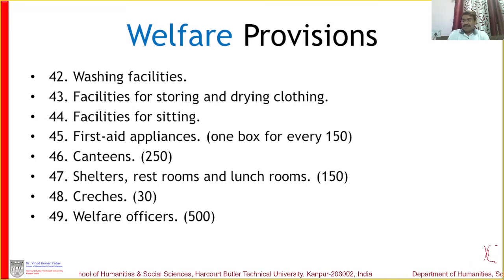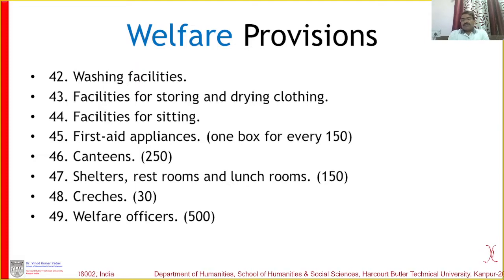Section 47 talks about shelters, restrooms, and lunch rooms. Wherever there are more than 150 employees working in any factory, there must be shelters, restrooms, and lunch rooms. These shelters, restrooms, and lunch rooms should be other than the workplace, though within factory premises.